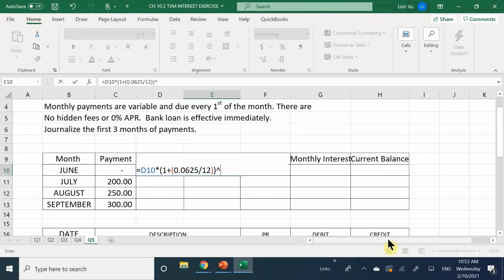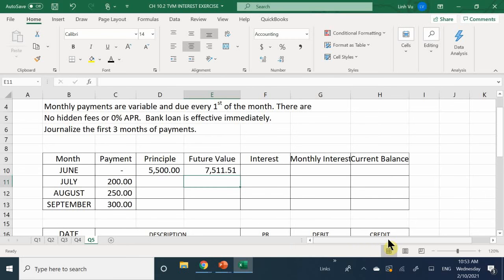Close your parentheses, and the compounding is 12 months, and we're going to try to pay it off in 5 years, or that's what the loan was for. They give you 5 years to pay it off. So my future value is now $7,511.51, which we solved in the previous section.